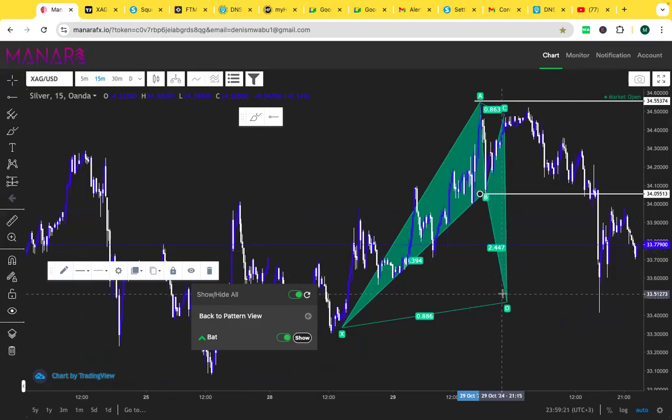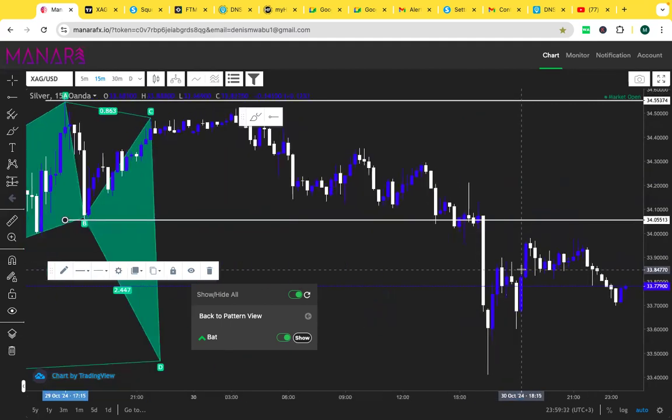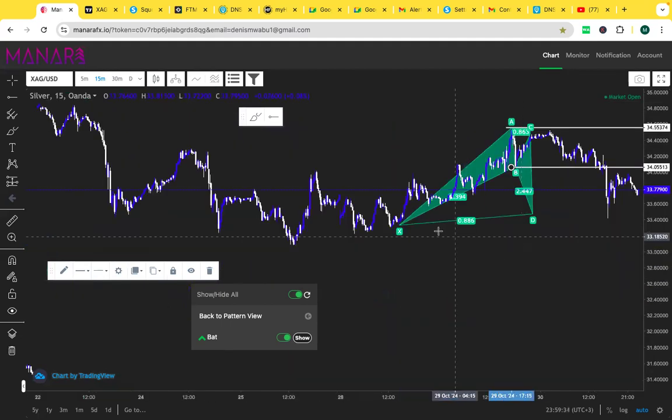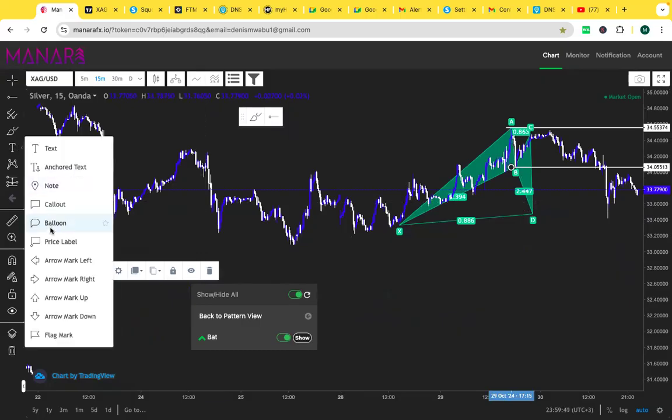We have the extreme Fibonacci retracement, we have the 618 zone, we have the 086 zone. We also have here where it has been marked what smart money concept traders usually call the sweep of liquidity, and which we usually also call the supply or demand zones.